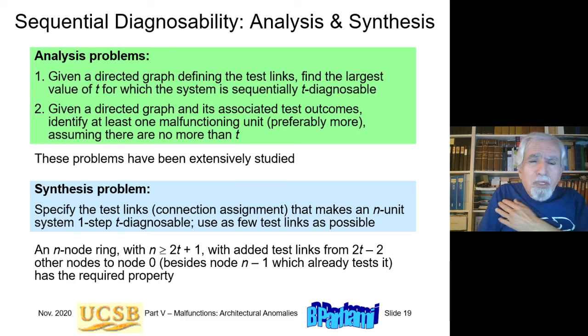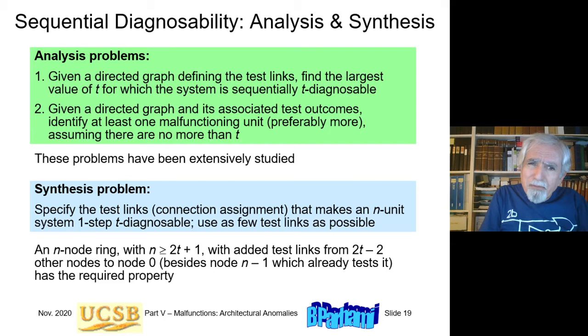Okay, again, for sequential diagnosability, we have analysis problems and a synthesis problem. Given the directed graph defining the test links, find the largest value of t for which the system is sequentially t-diagnosable. That's one analysis problem. Given the directed graph and its associated test outcomes, identify at least one malfunctioning unit, preferably more. If you can do more, then obviously it's better because you need fewer steps.